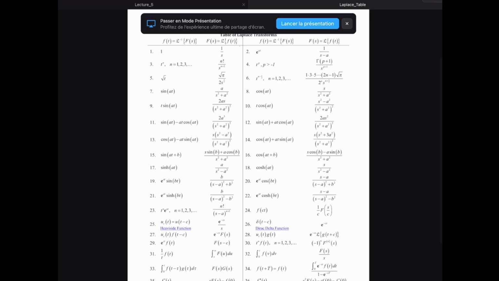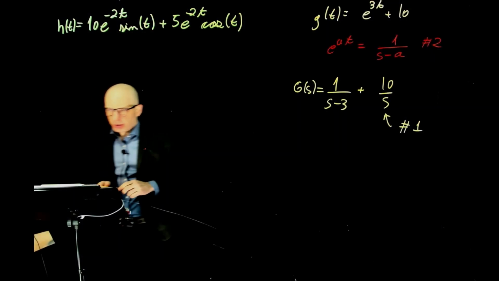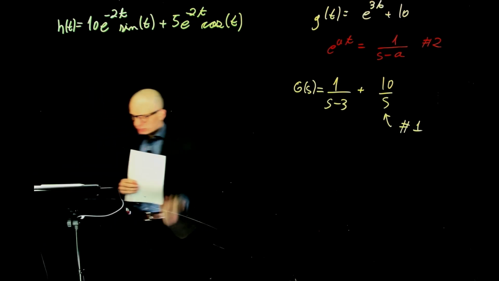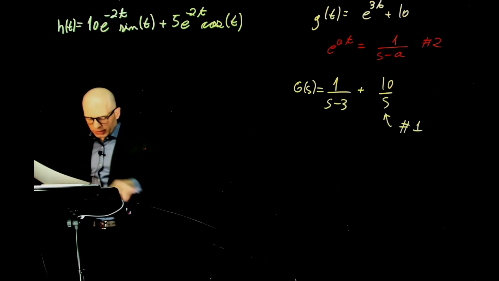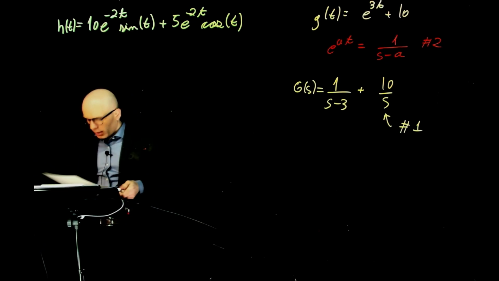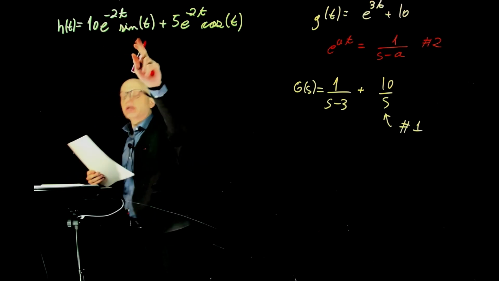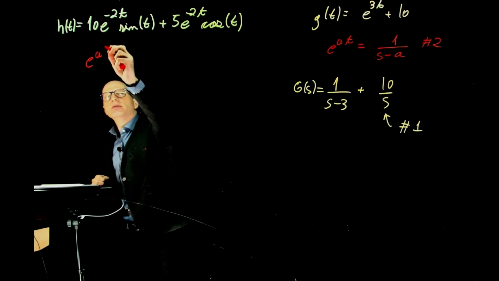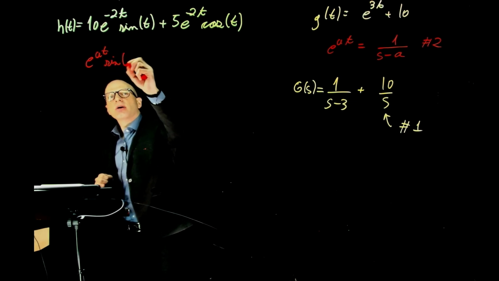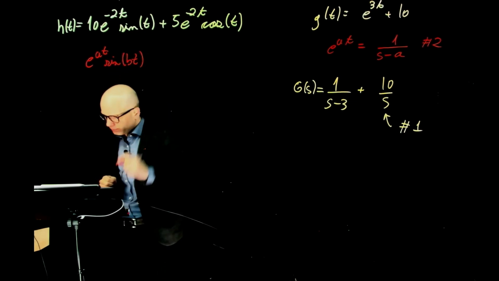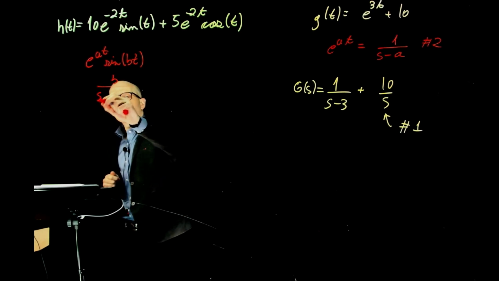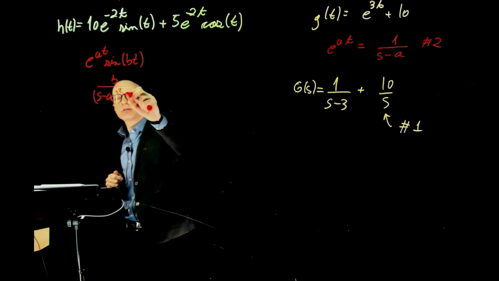Which property works here? We can look at number 19 and number 20. This one you can take from number 19, which says that the Laplace transform of exponential of at sine of bt is b over s minus a squared plus b squared.